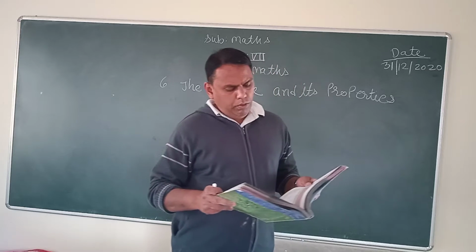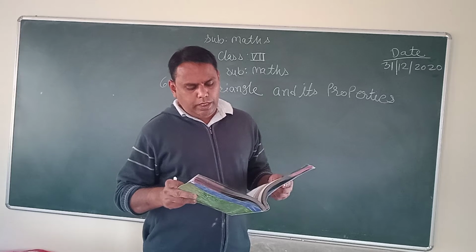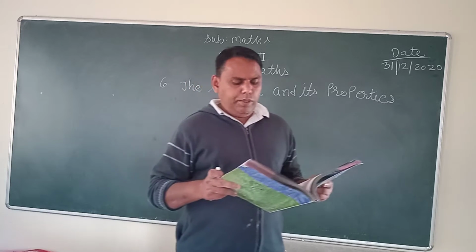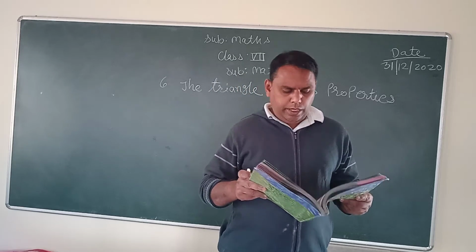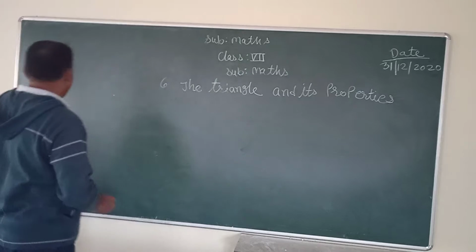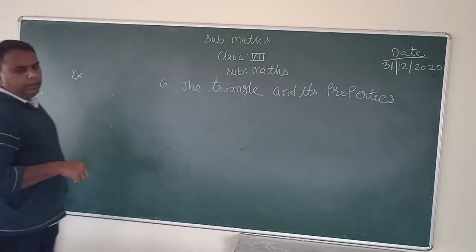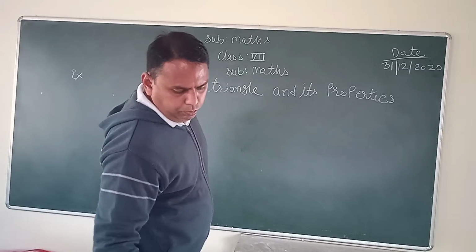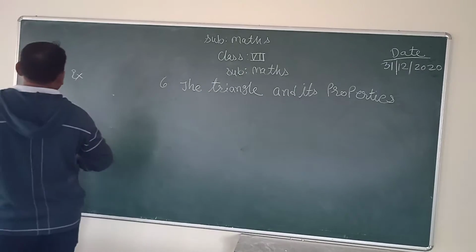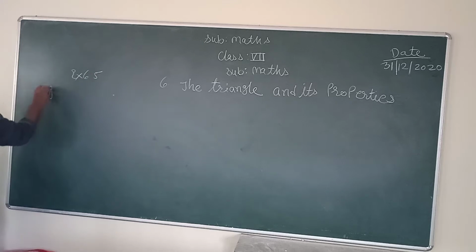It's a word problem. Find the perimeter of the rectangle whose length is 40 centimeters and whose diagonal is 41 centimeters. First of all, we draw the figure. This is exercise 6.5, question number 7.